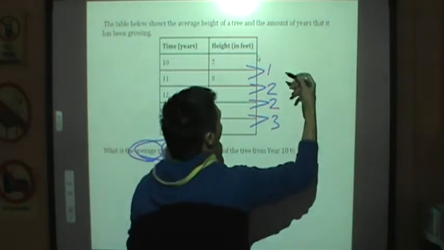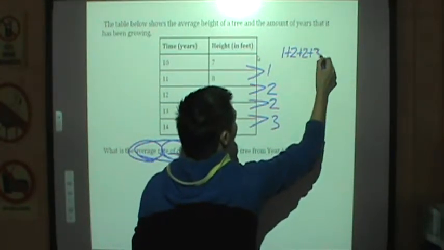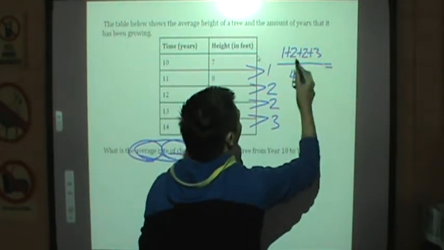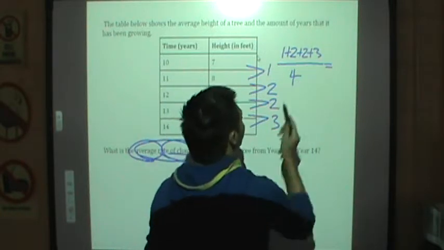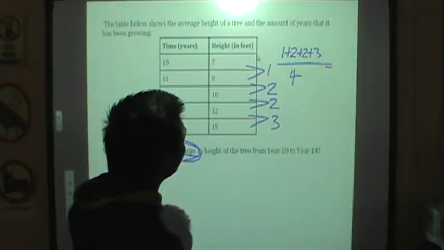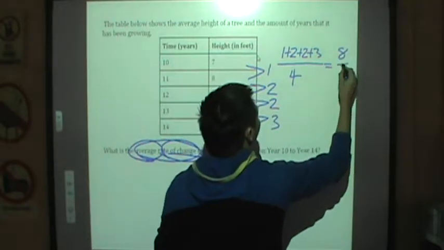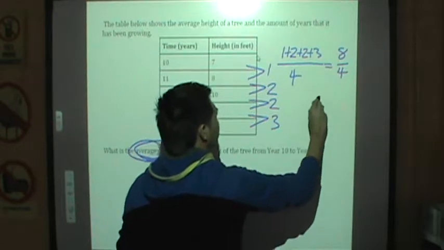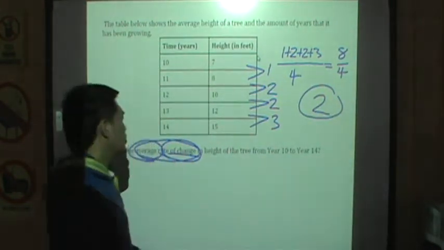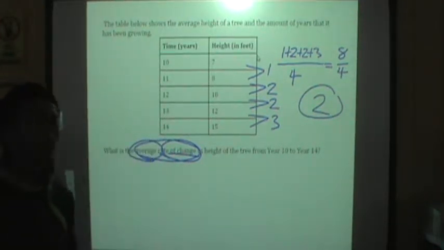So we add 1 plus 2 plus 2 plus 3, which is 8, and then divide by 4. 8 divided by 4 is 2. So the average rate of change is 2.